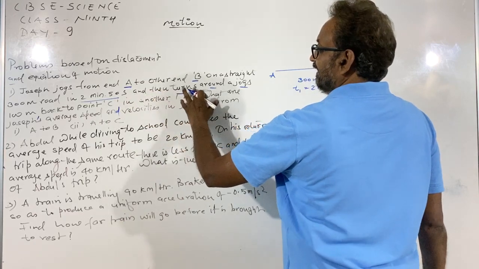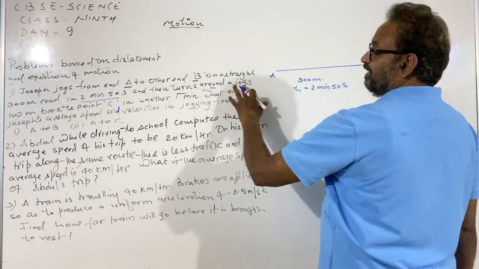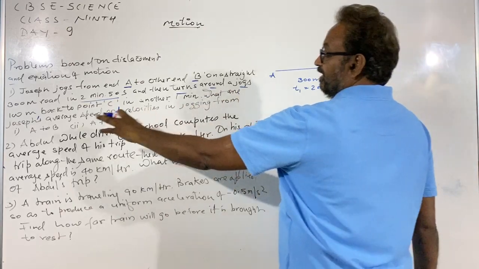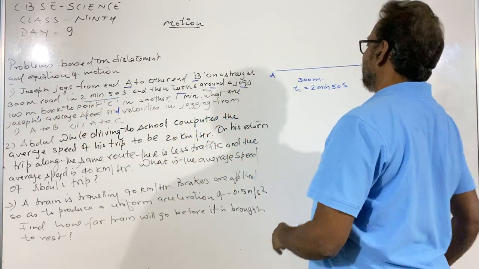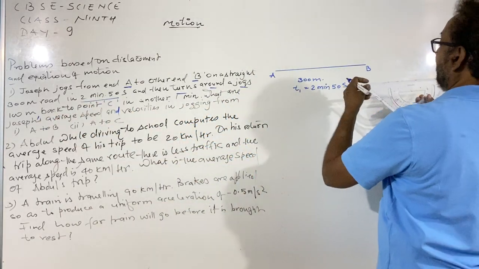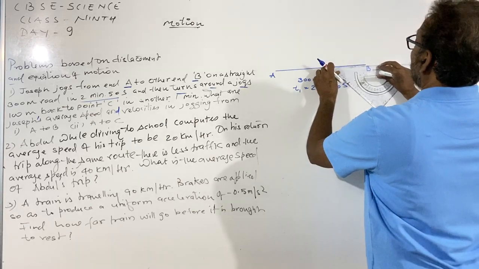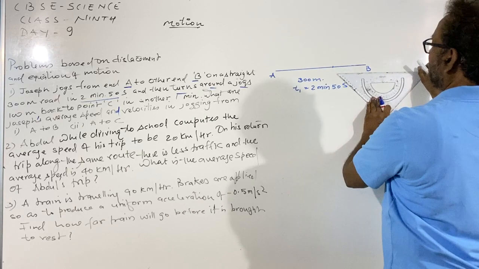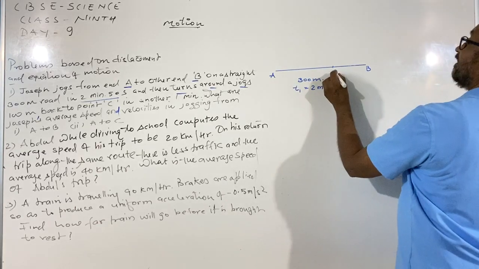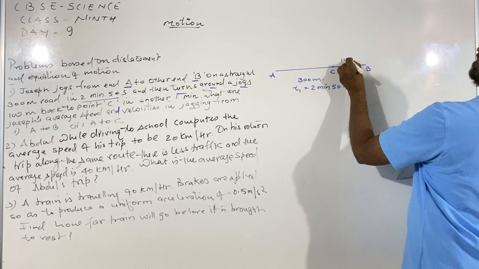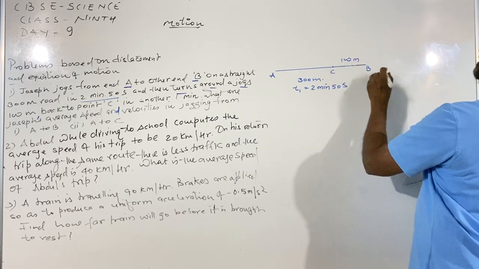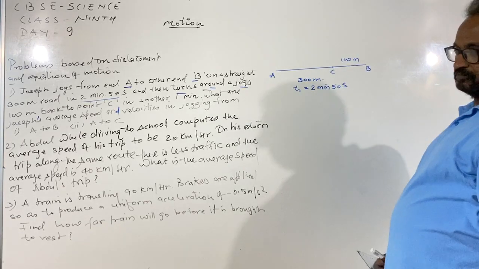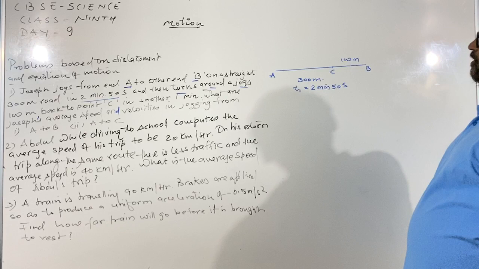Afterwards, he turns around and jogs 100 meters back to a point C, which is at a distance of 100 meters from the point B. Okay?